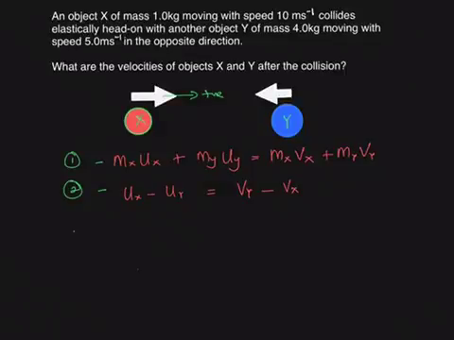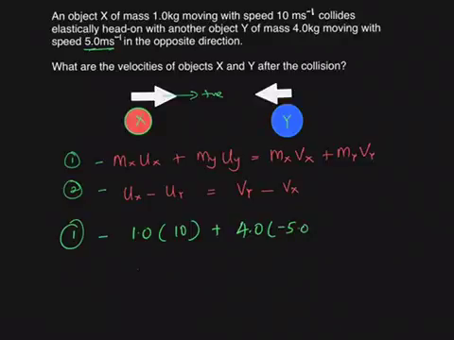So equation 1, we sub in the values. 1 times speed of 10 plus mass 4. But now please be careful, the velocity is in the opposite direction, so it's minus 5, equals 1 Vx plus 4 Vy.